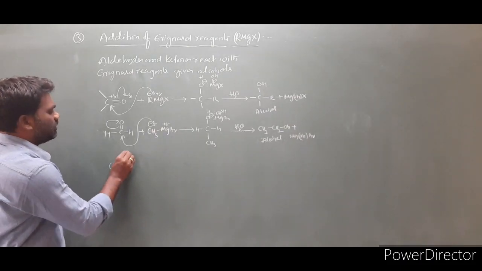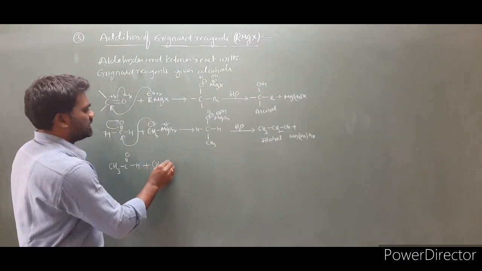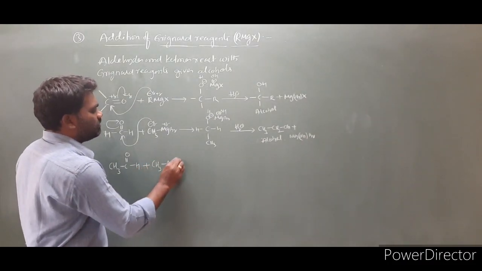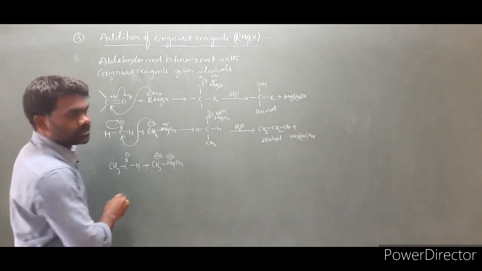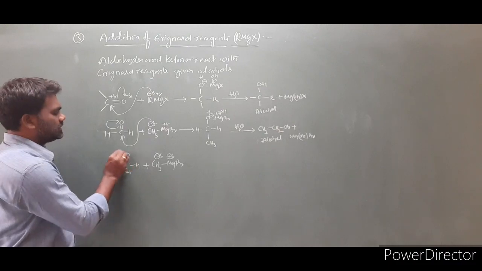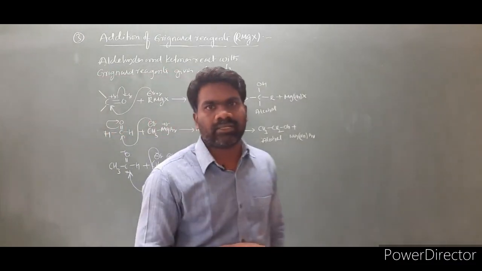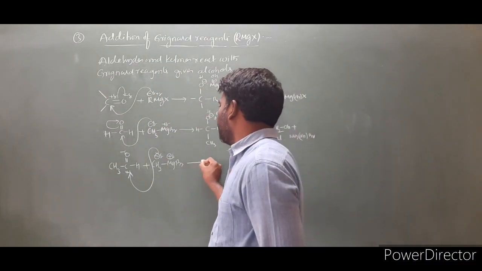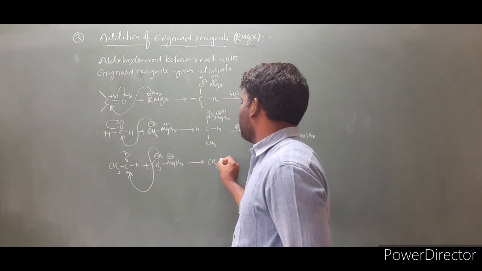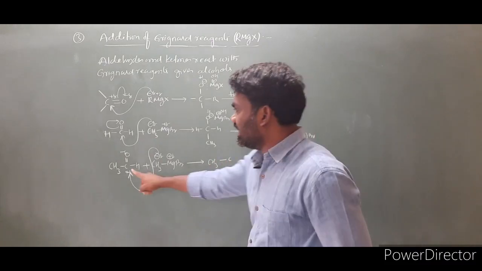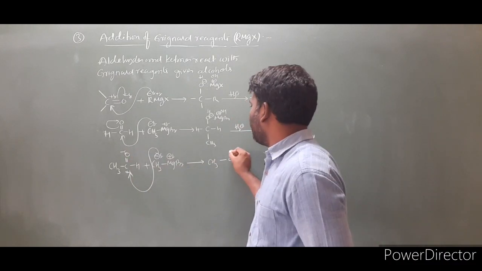So I am taking another example, CH3 C double bond O H, treated with CH3MgBr. This is the partial negative, this is the partial positive. Attack happens like this, isn't it? If it attacks like that, what is the product we can expect from this reaction? The product is CH3, C with a hydrogen H, and this will become O minus.